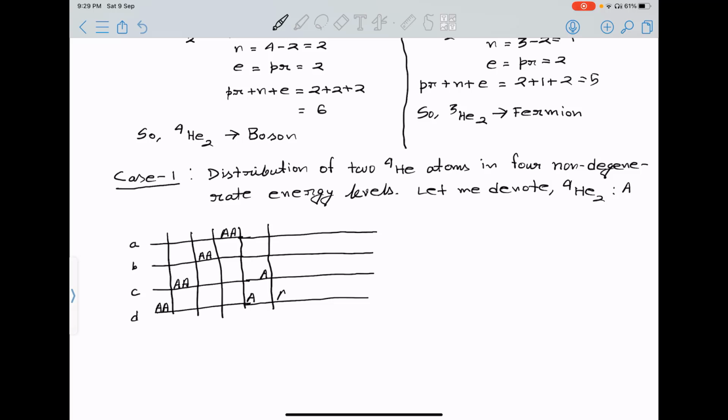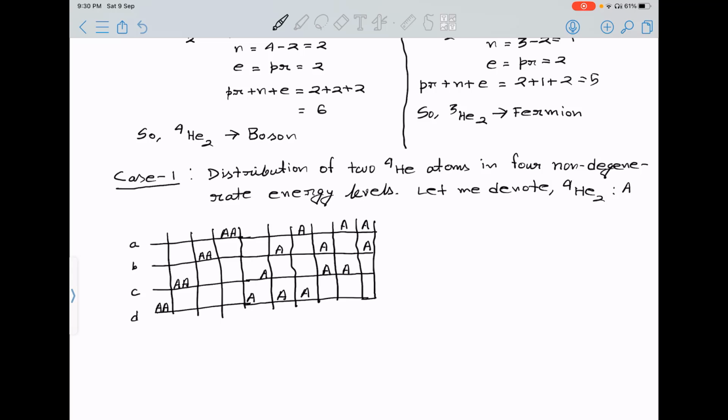The second possibility: one atom at state D and the second at state B. Then one atom at state D, one atom at state A. Now I can put one atom at state C and one at state D. Again one atom at state C and one at state A. And finally one atom at state A and one at state B. So these are all the possibilities in which these atoms can be arranged.